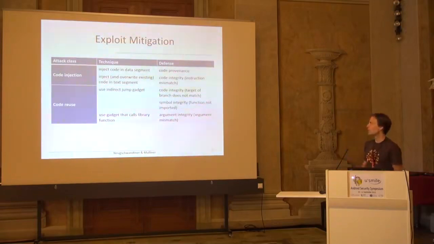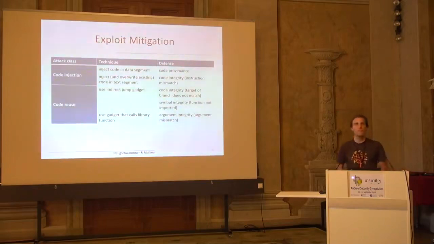We have code provenance that will prevent this from happening. If I decide, okay, the heap is being protected, so I try to overwrite the text segment, say I mark the text segment writable, then again we have code integrity, because the instructions will mismatch with the binary on the disk.